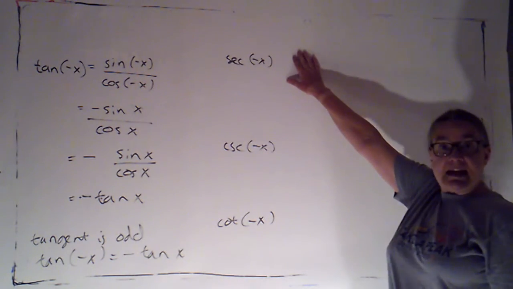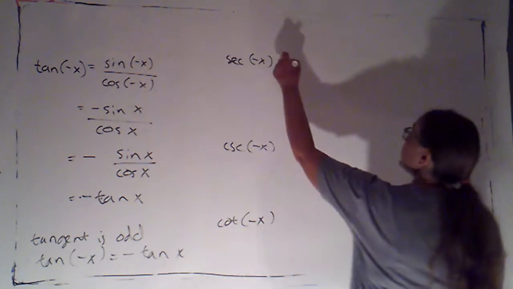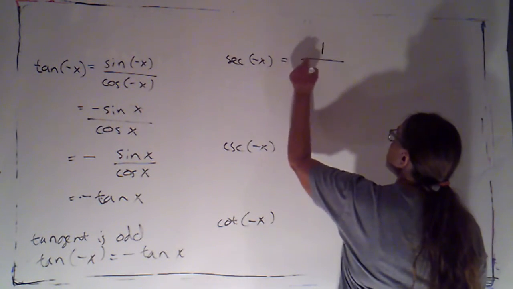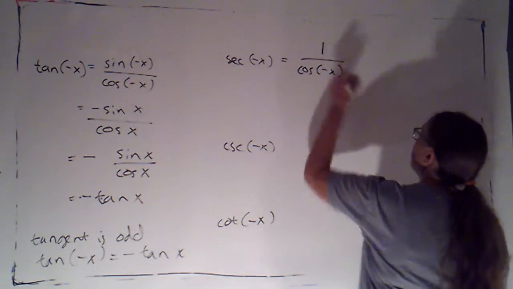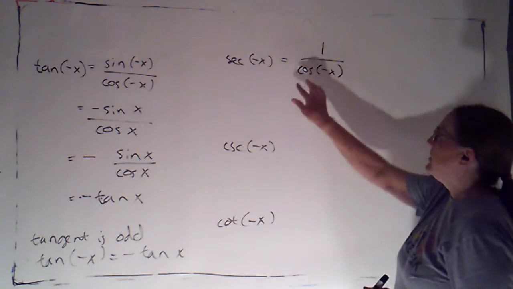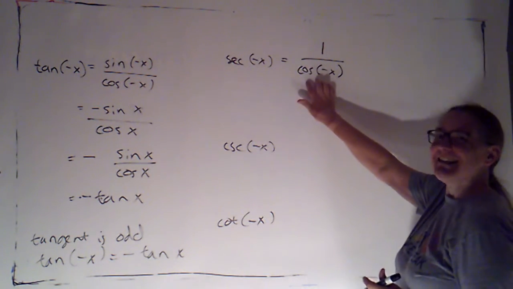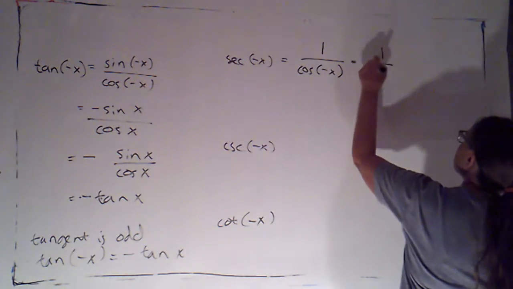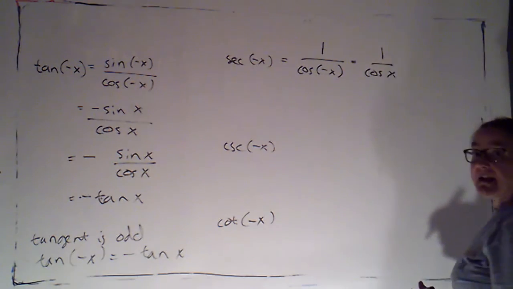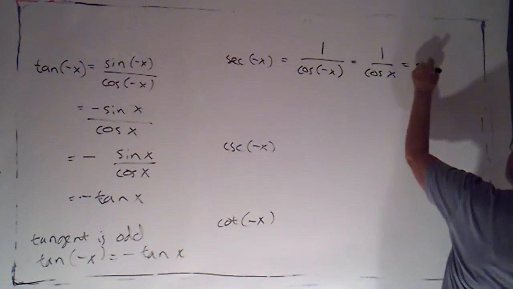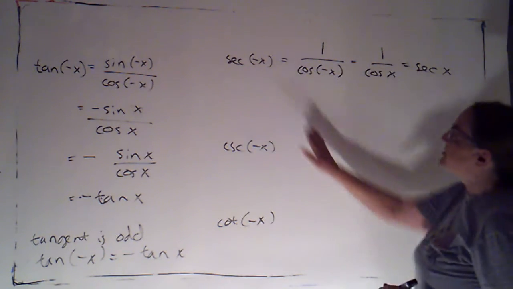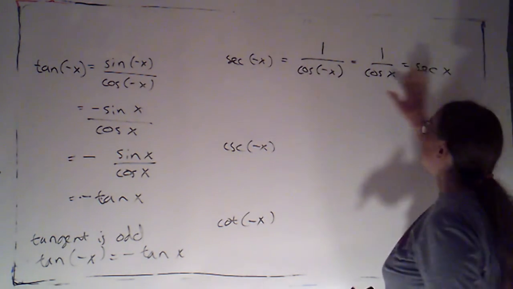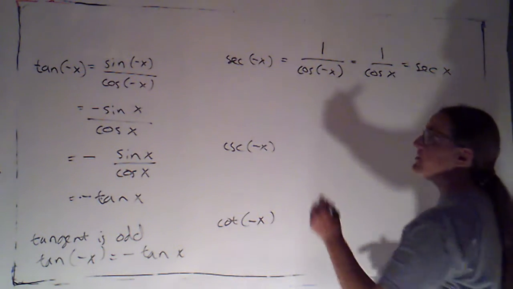So in working with secant, I'm going to use my reciprocal identity. Secant of something is just the reciprocal of cosine of that thing. But then I know that cosine is even, so this is the same as just 1 over cosine of x, which is just secant of x. So with secant, the opposite input gives me exactly the same output.